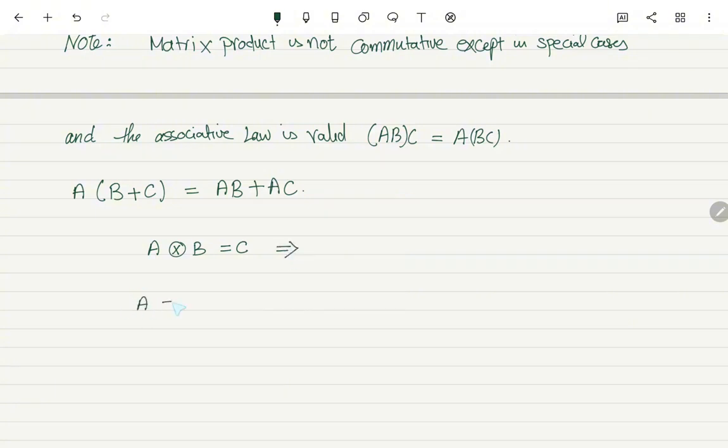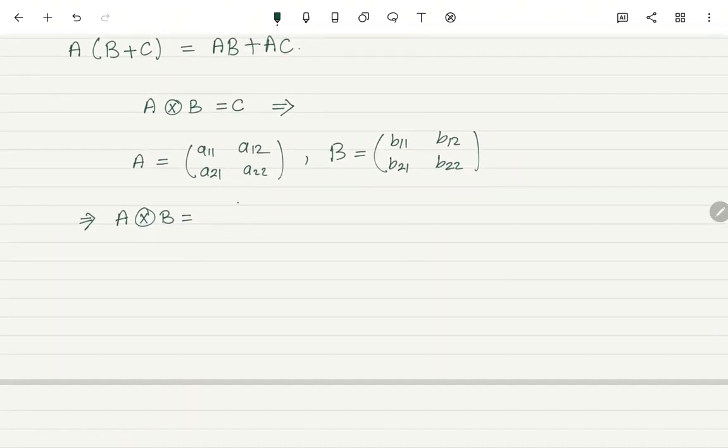If A equals A11, A12, A21, A22, and B equals B11, B12, B21, B22, then A direct product B is such that the whole matrix B is multiplied by each element of matrix A. That means A11 times the whole matrix B11, B12, B21, B22, and this is the first term.